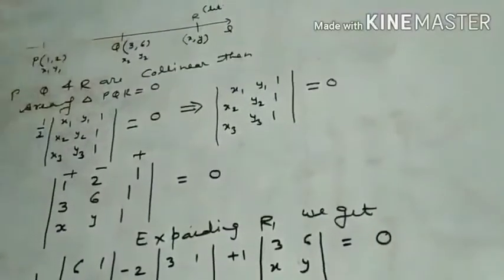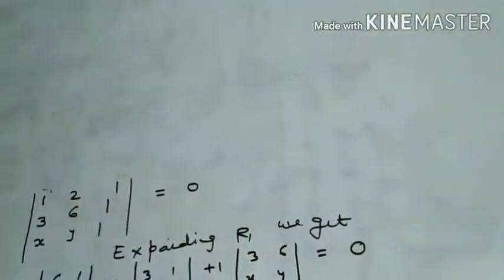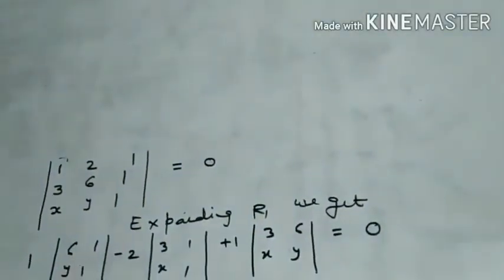Now after that, when you cross multiply, what we will get?